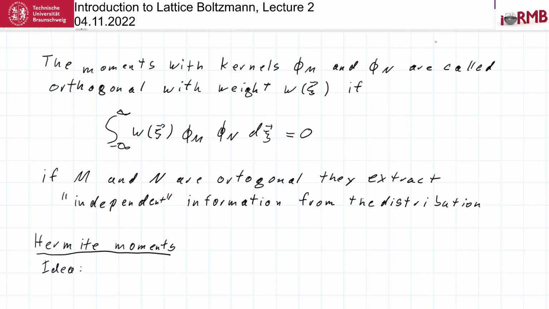If we use the equilibrium as the weight function, then the dependence that we saw between the second moment and the first moment in the equilibrium will disappear, right? And we wouldn't have, again, this problem that the first order moment contains the temperature. So this would then disappear.